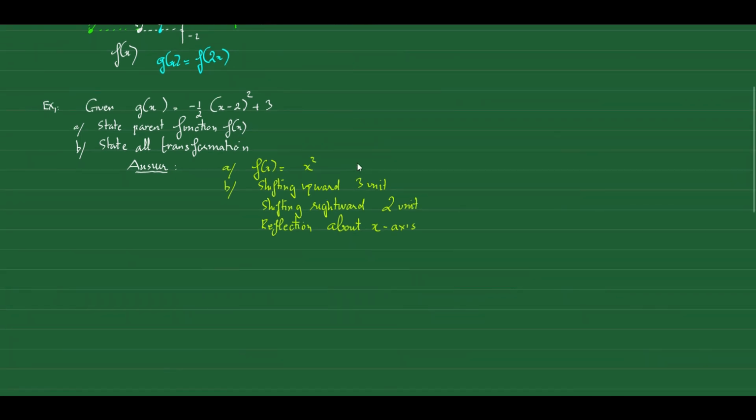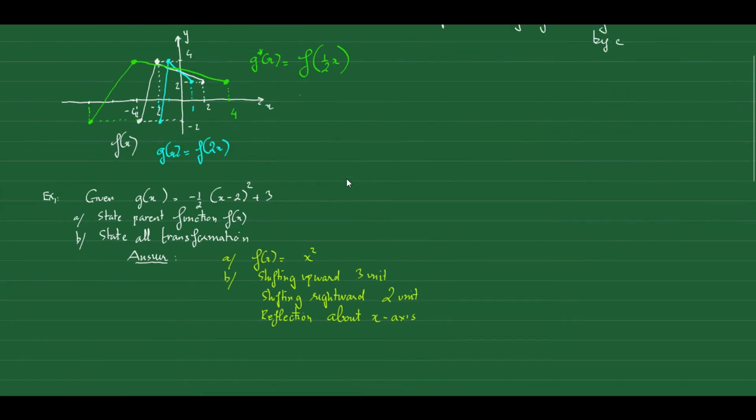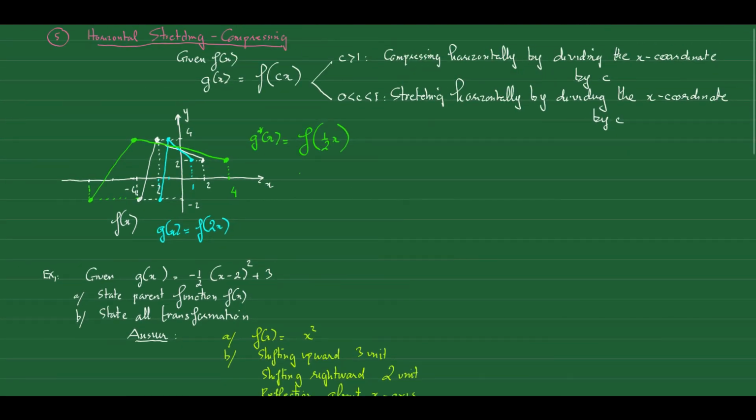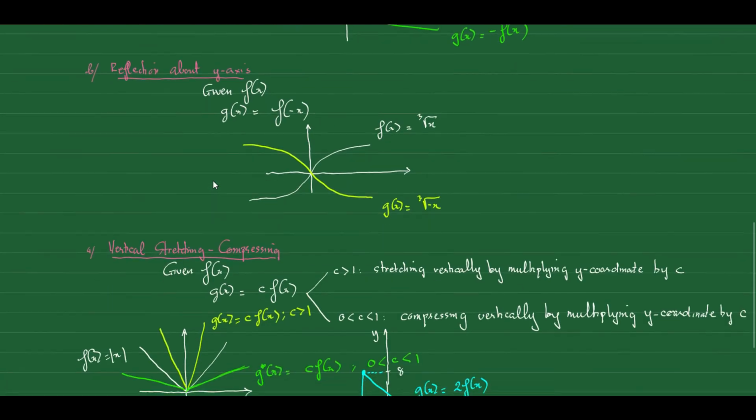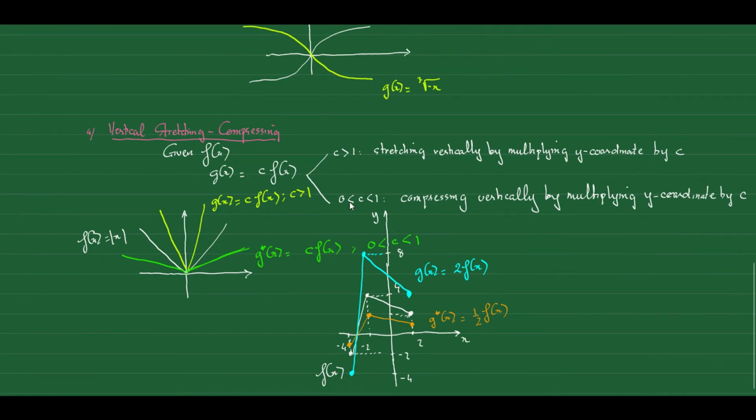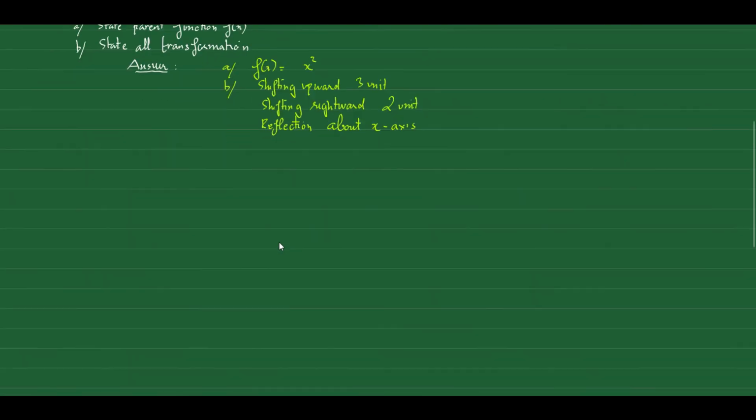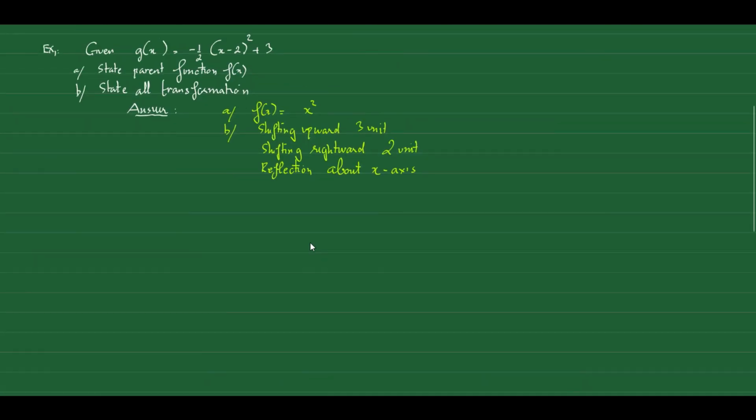Then 1/2 in the front. If you look at this, 1/2 is between 0 and 1, so it compresses vertically.